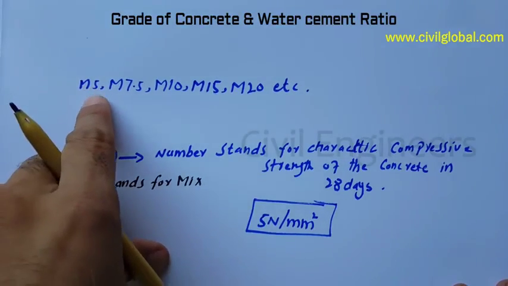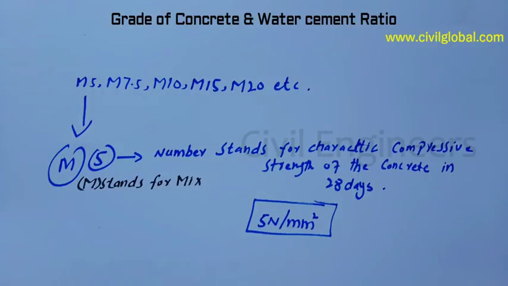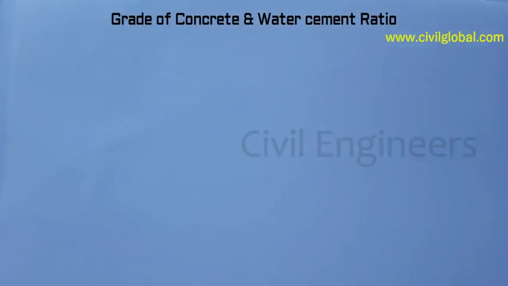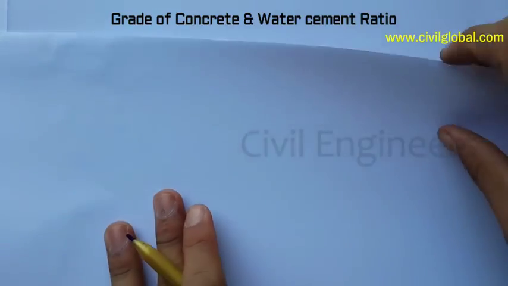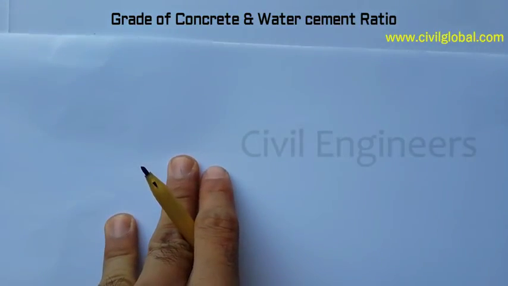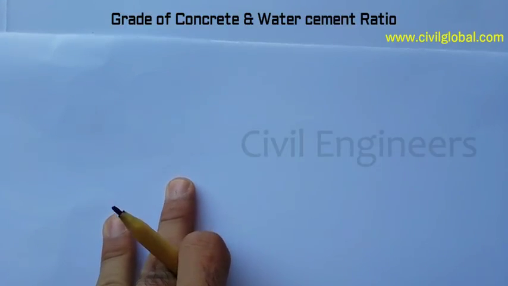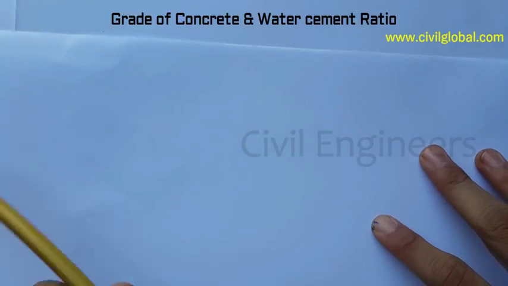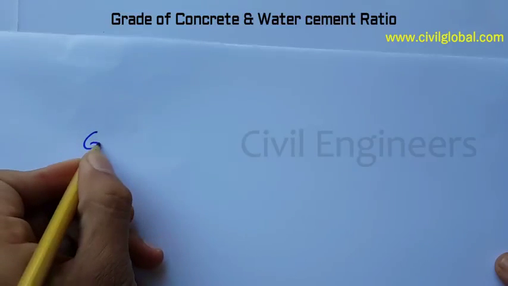Now in the next step I will show you how much water and water cement ratio are required for M5, M7.5, M10, M15, M20, etc. First we write the grade and the mix ratio.